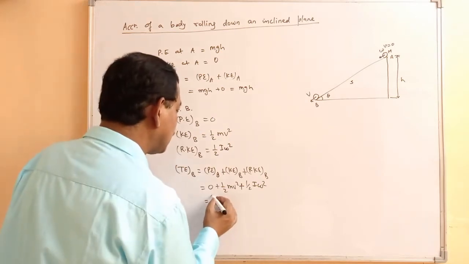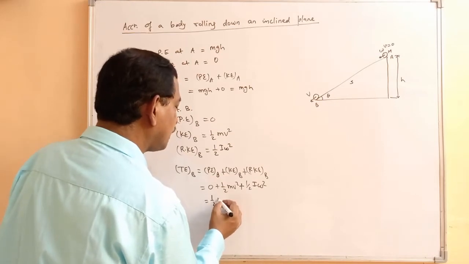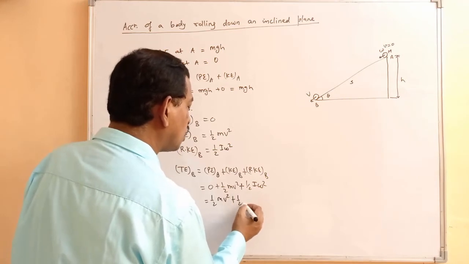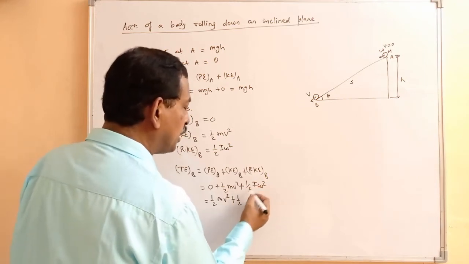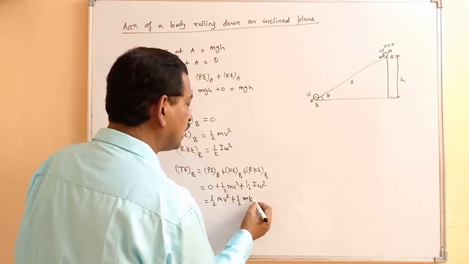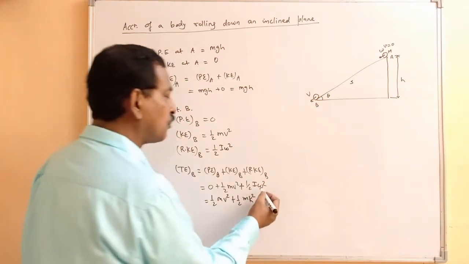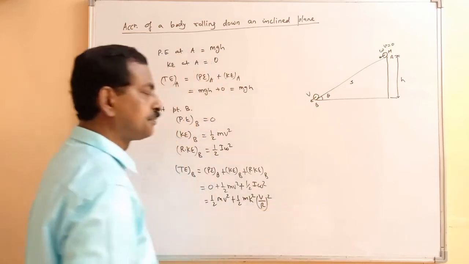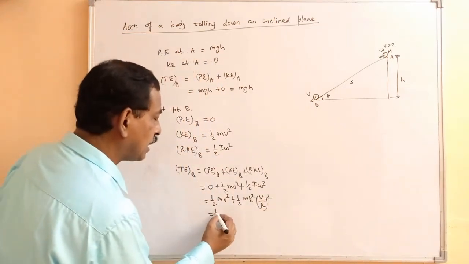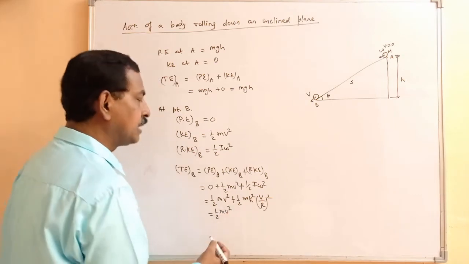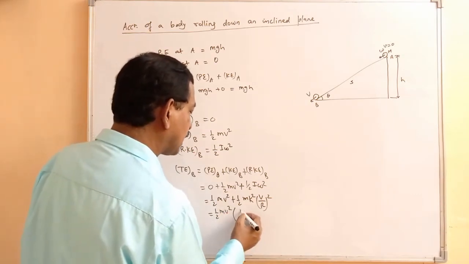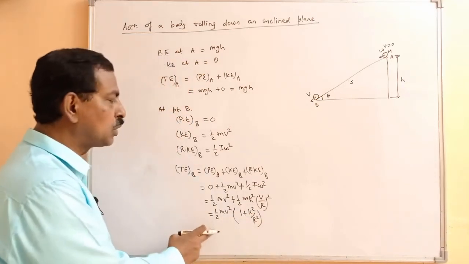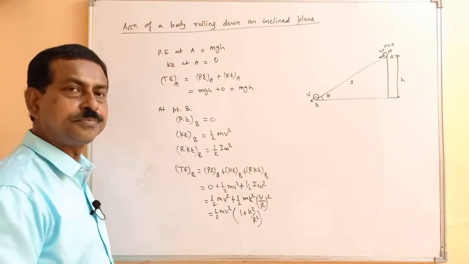So this can be written as half m v square, plus half for I, the moment of inertia, we can write it as m k square, and for omega we write v by r whole square. So we can take half m v square out, and within the bracket it is 1 plus k square by r square. This is the total energy at point B.